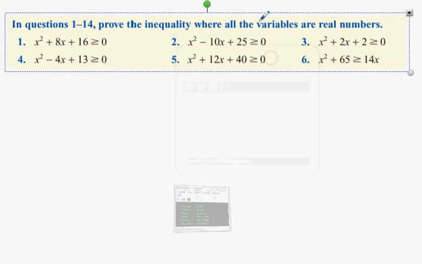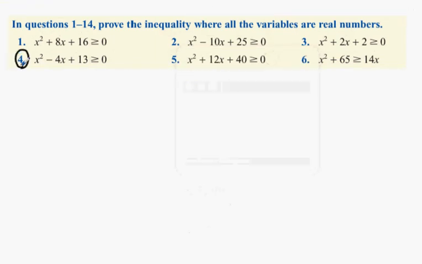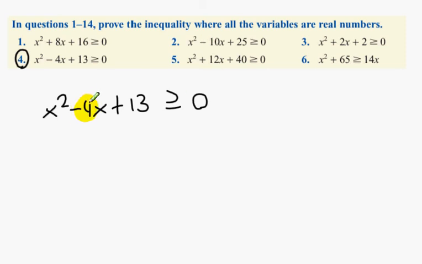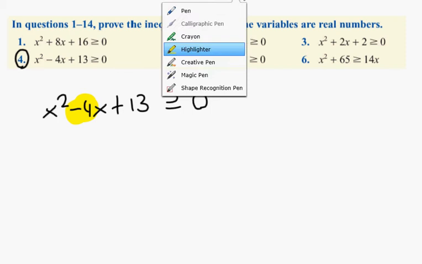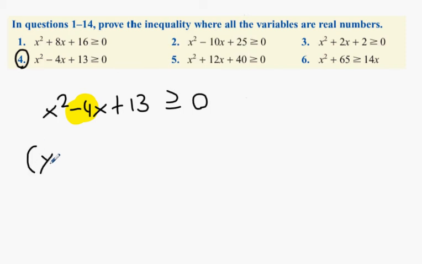Here's this question 4. You have to prove that it's always bigger than 0. Now the problem is you can't reference number this, can you? And even if you could, would it be a perfect square? No. Now this is worth a lot of marks. What can you do about that? Look at the middle number, and once you look at that middle number, what you do is you open up two brackets. Okay?